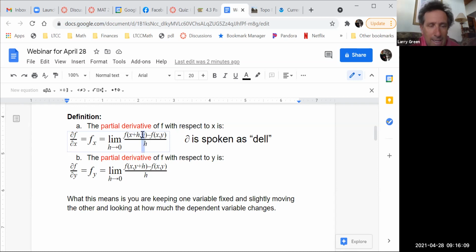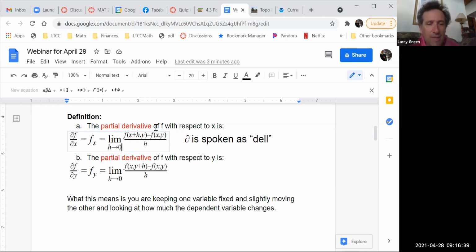So y stays y in the numerator's two terms, whereas for x, we're looking at the difference between the point you're looking at and then moving a little bit horizontally. We're moving x a tiny bit. We're not moving y at all. And that's why we use del f del x, or f sub x.